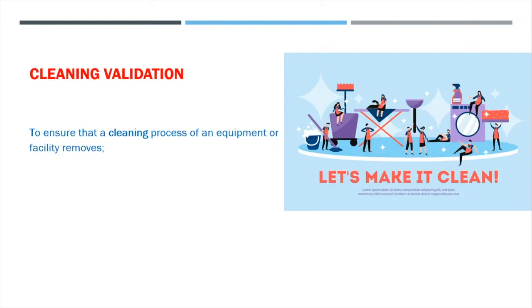But if you're going to make losartan potassium or maybe brufen after this batch, then you really have to do some work to make sure that you do not even have a trace of paracetamol that might get mixed into the next batch of some other product like losartan potassium or brufen. So that is why the cleaning validation process is there. And again, it is a very huge topic that you really need at least one day to talk about. So we need to make sure that chemical and microbial residues of the active, inactive, or detergents are removed.